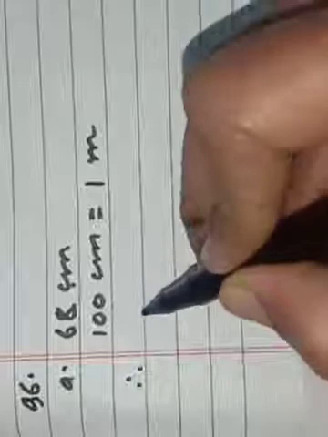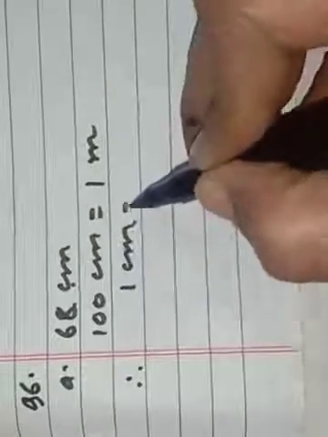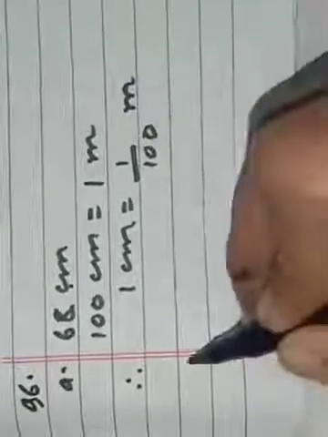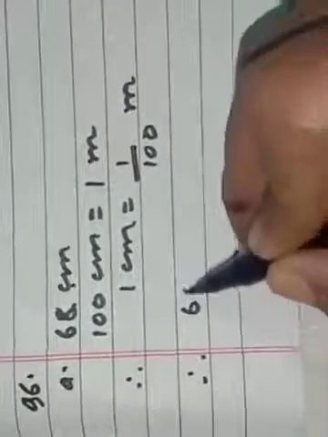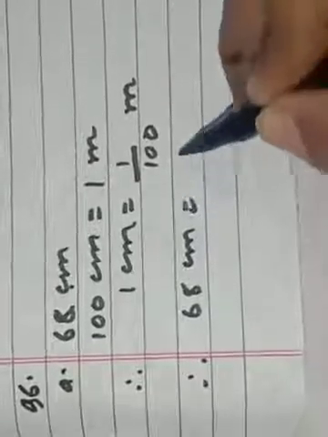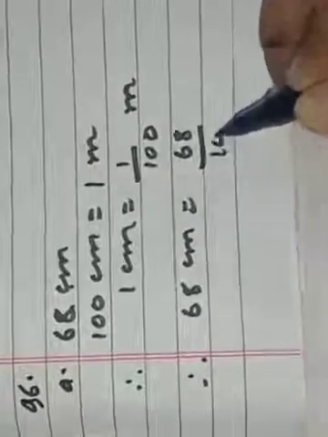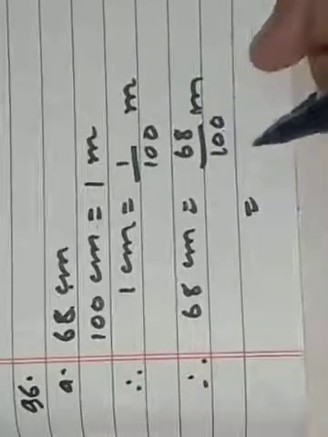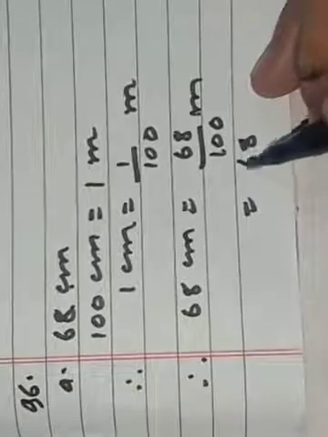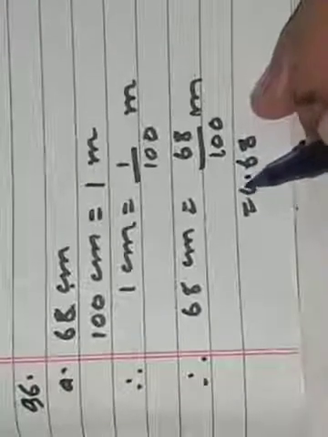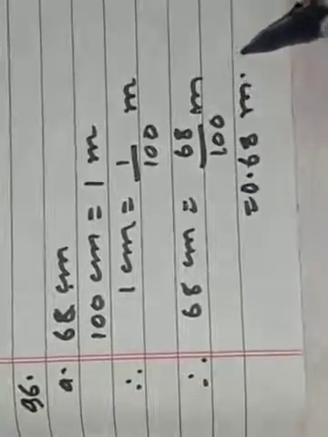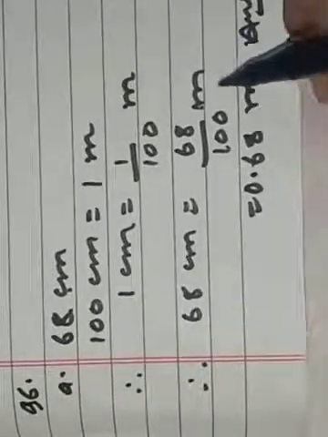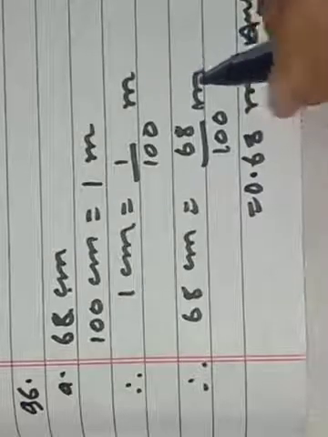Therefore, 1 centimeter is equal to 1 by 100 meter. Therefore, 68 centimeter is equal to 68 by 100 meter is equal to 0.68 meter answer. Okay. Like this you can solve all the questions in question number 6.